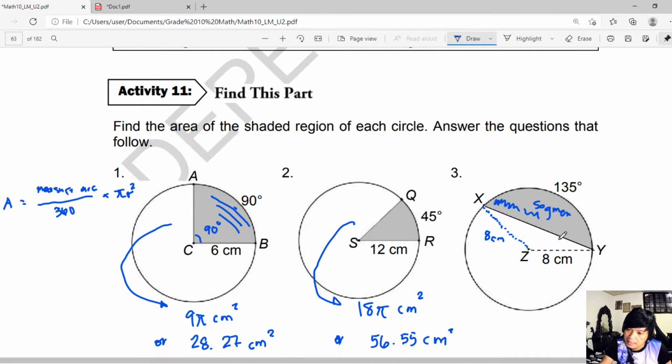So hanapin natin muna yung sector, itong buong slice. Let's say this is a pizza. Kunin natin ito. So we will use first the formula in finding the area of the sector of the circle. So 135 yung arc, 8 yung radius natin.